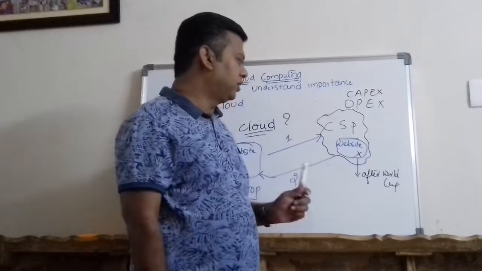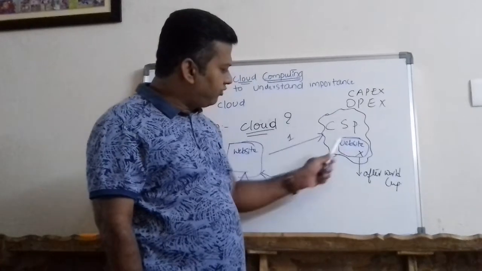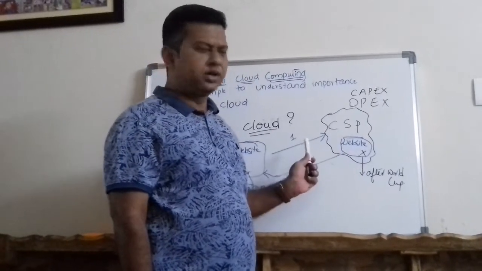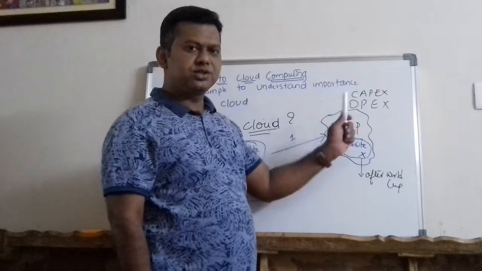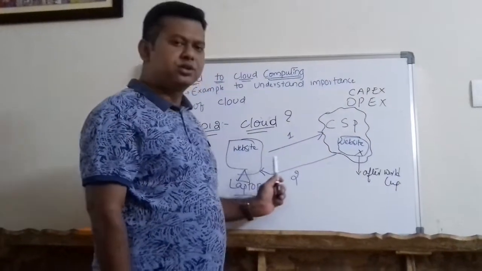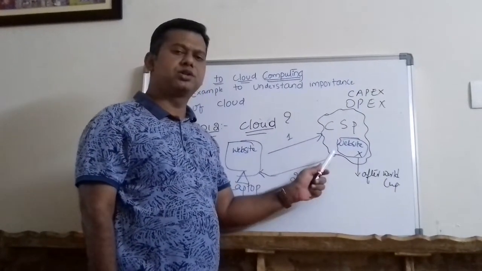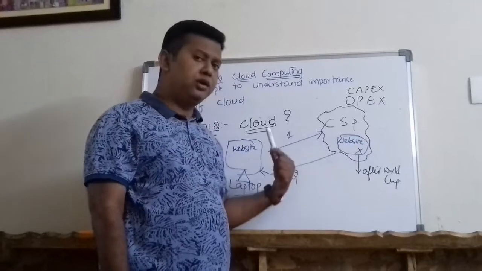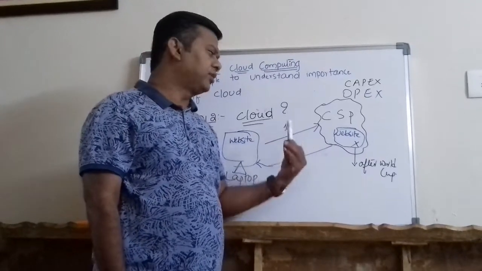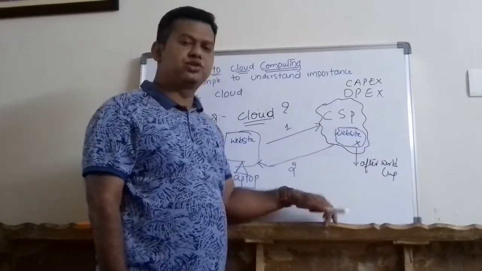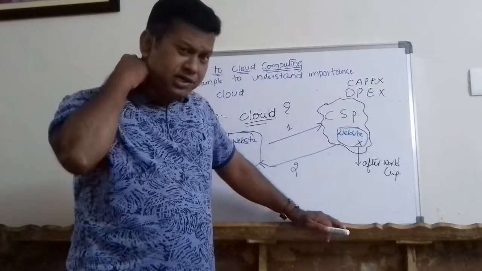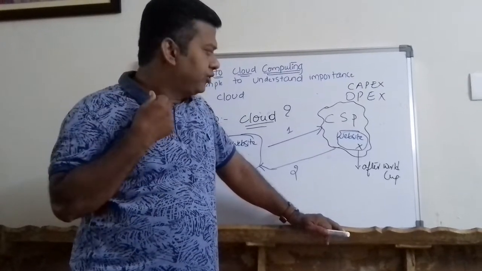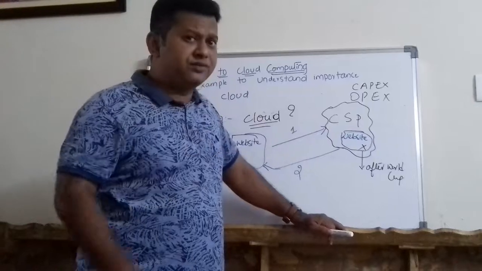So I hope you understood the flavor of cloud now, right? No capital expenditure, no operational expenditure. You straight away deploy your application in the cloud, and parallelly you will also earn money. From that money you can pay the nominal bill which will be generated at the end of the World Cup. So solution 1 we have seen, friends.